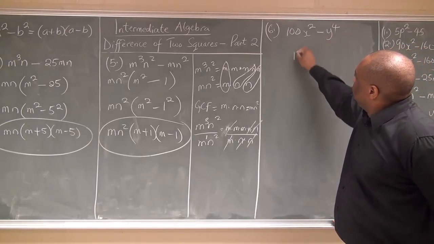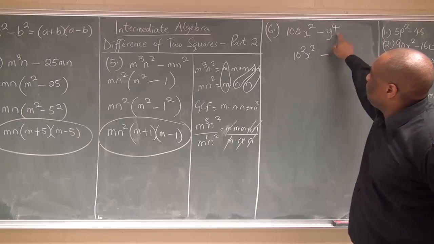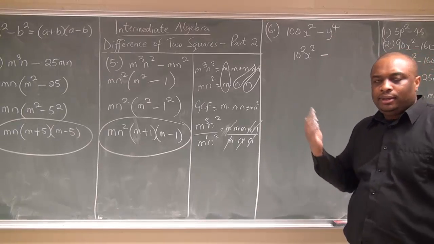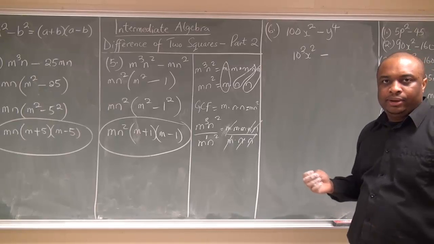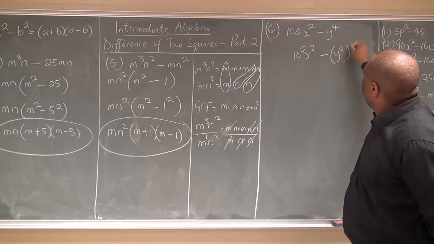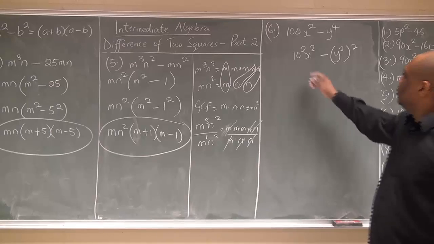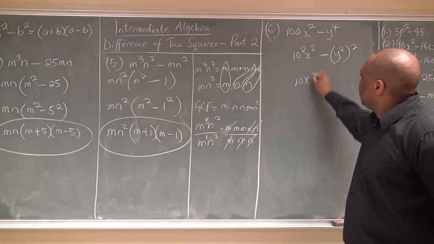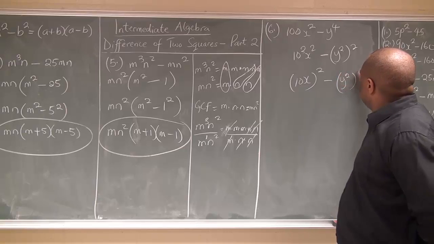This is 10 squared x squared minus y raised to power 4. You might ask me, Mr. C, how are you going to make y raised to power 4 into a square? You can, okay? 2 times 2 is 4. This means y squared all squared. So now this is 10x all squared minus y squared all squared.